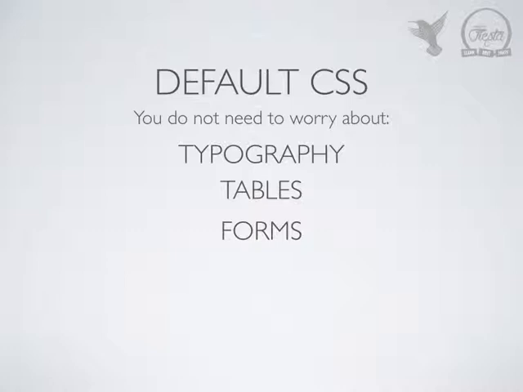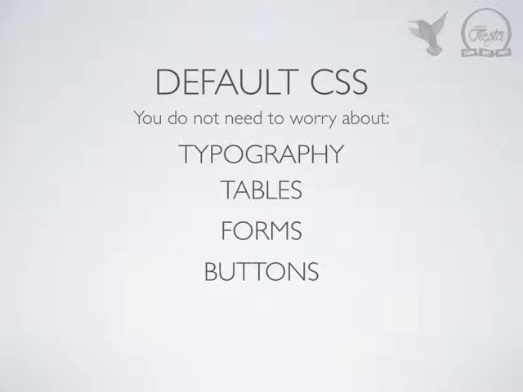For me, forms were always a very tricky thing to style and create. So thanks to Bootstrap, it is actually by default styling all form elements available, including select boxes, check boxes, etc. So once again, you just copy some HTML code, and it will start working out of the box.